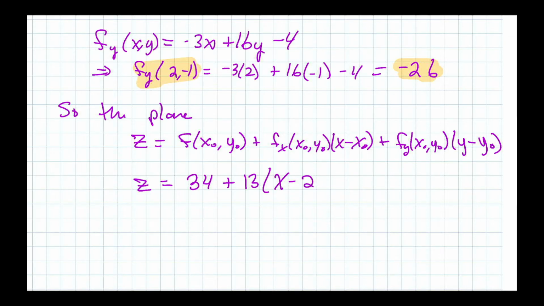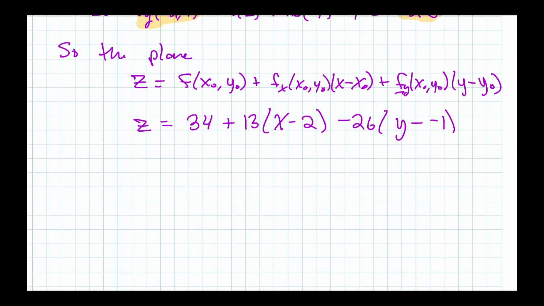So that's x minus 2. Then we got this one. So we have plus fy of 2 comma negative 1. Fy was negative 26. And then y minus y0 is y minus the y value, which is negative 1.